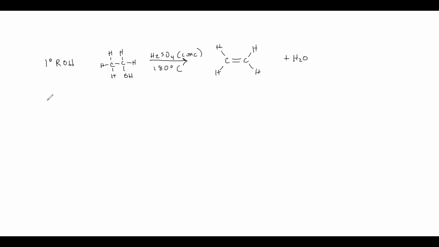Okay. Now, if we switch to a secondary alcohol, so maybe something like cyclohexanol, now we can get away with a slightly weaker acid like 85% phosphoric acid, a little bit lower temperature, 165 degrees, and we will get cyclohexene as a product.